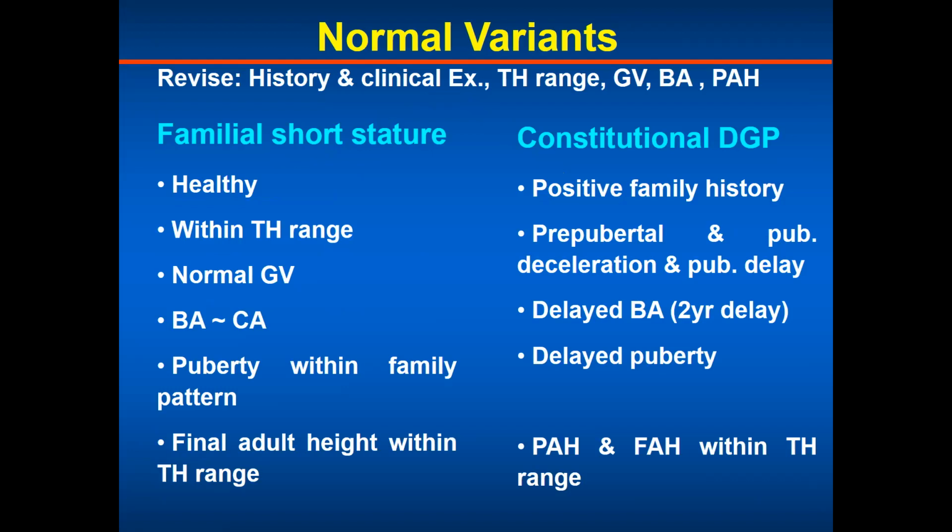Of course, in every case of short stature, thorough evaluation must be done by taking a detailed history, a very careful clinical examination, always calculating the target height range, always taking serial measurements to assess the growth velocity of the child, always assessing the bone age by taking a plain x-ray of the left hand and wrist, and endocrinologists would also calculate what we call the predicted adult height, the PAH.